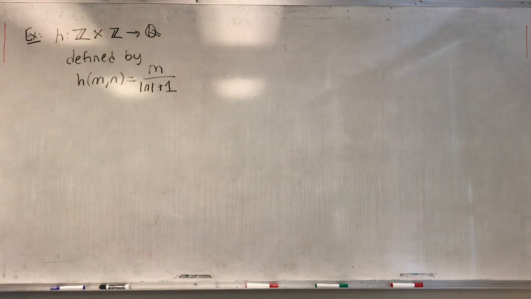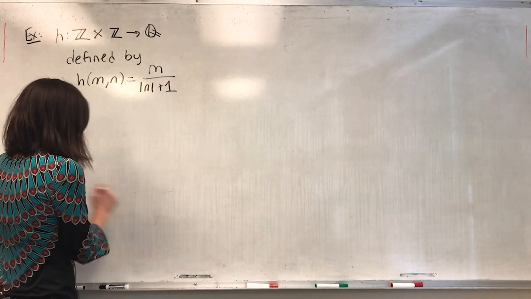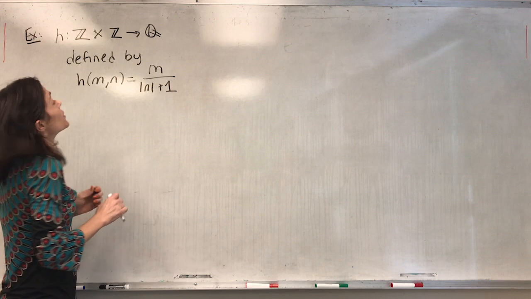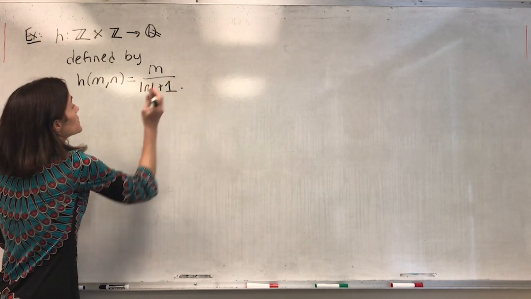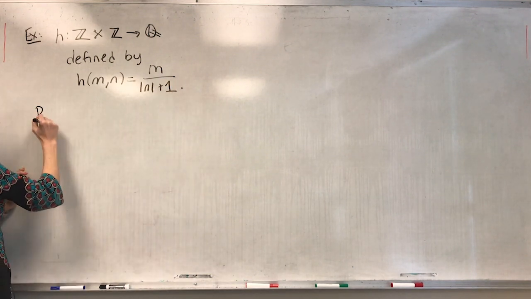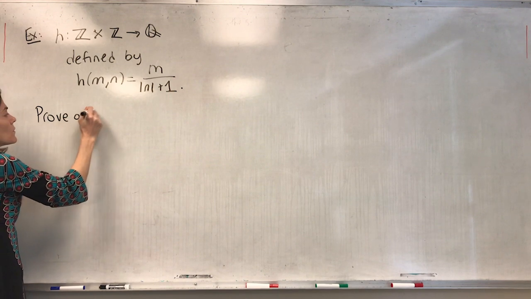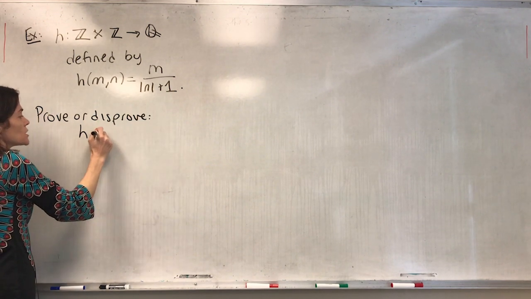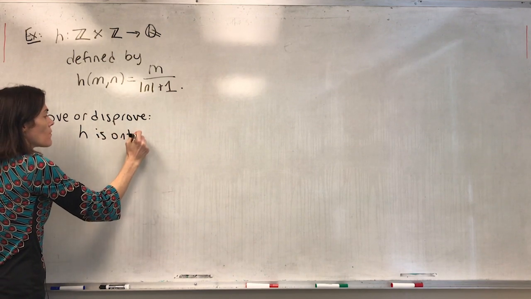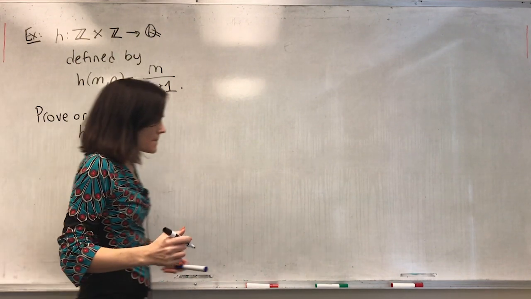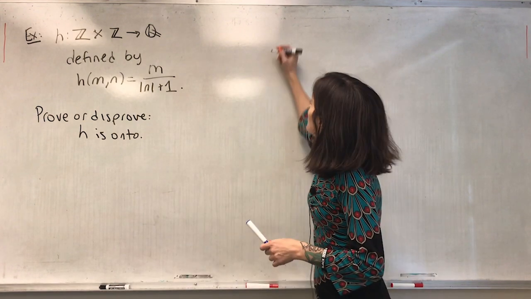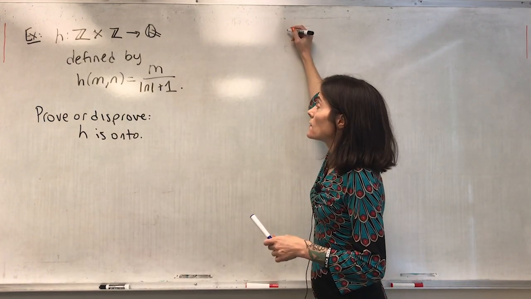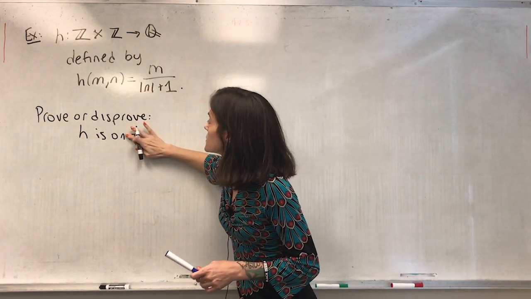Okay, let me get this other marker. Okay, that one is good. So over here we will prove or disprove that H is onto, and then over here, maybe let's do 1-to-1 first.